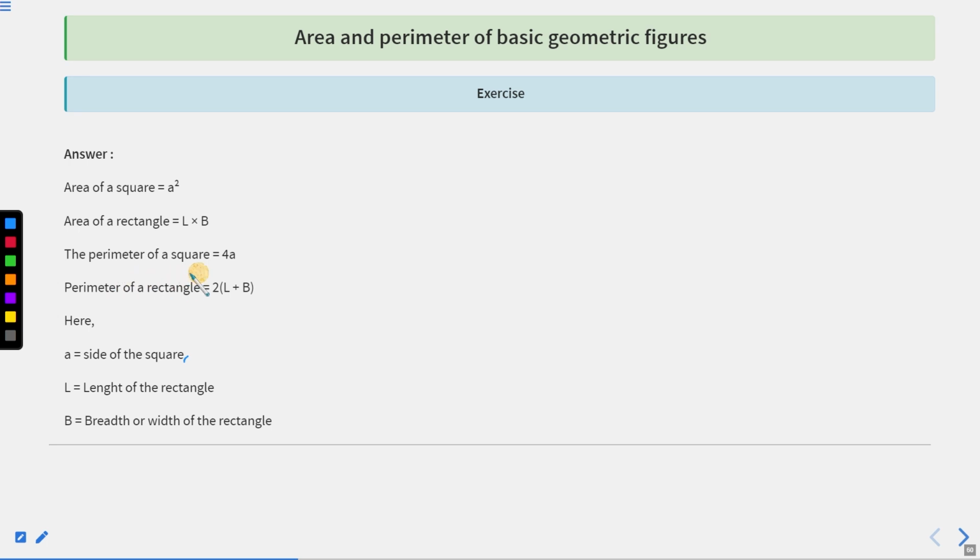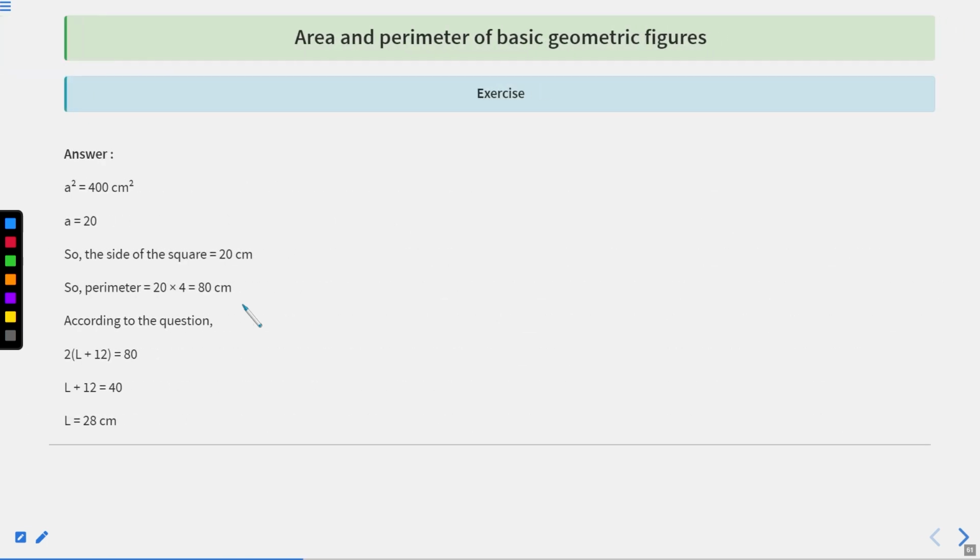And the perimeter of square is given by 4a, and perimeter of rectangle is given by twice of L plus B. So this was a quick recap of all the formulas, and let's dive into the solution part. It is given to us that area of square is 400 centimeter square. So on solving this, we will have a equal to 20. Now you know the value of a, that is, you know the side of the square.